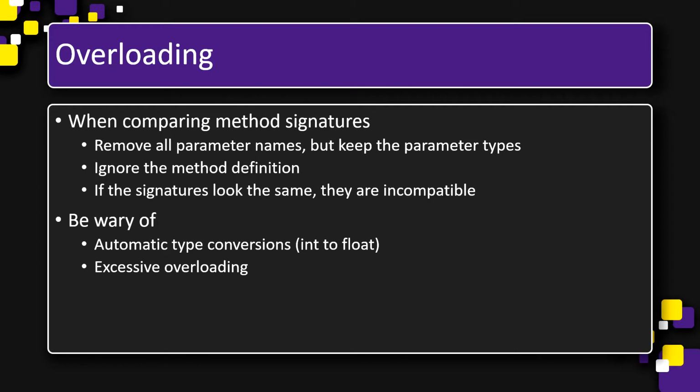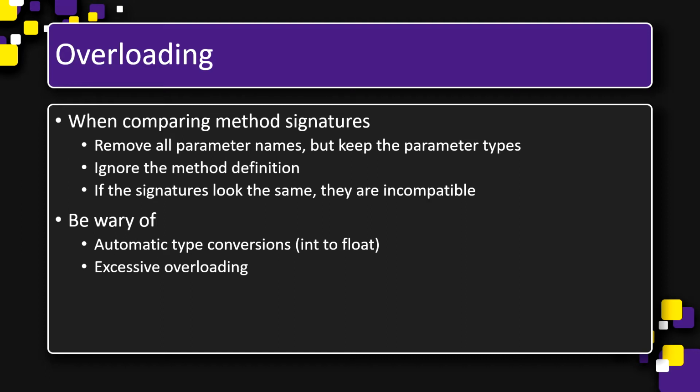If you look at that and you compare it to the other overloaded method signatures that you're using and they look the same, right? It has the same name, same parameter type, same order, then these are incompatible methods and you need to restructure your overloading.